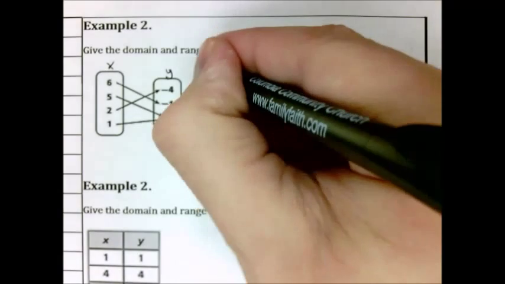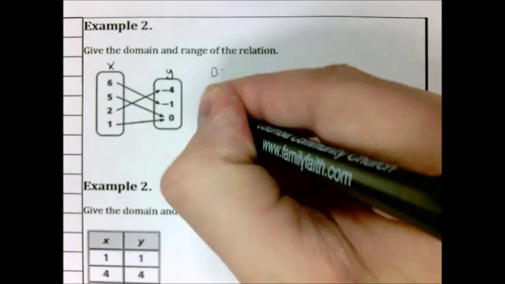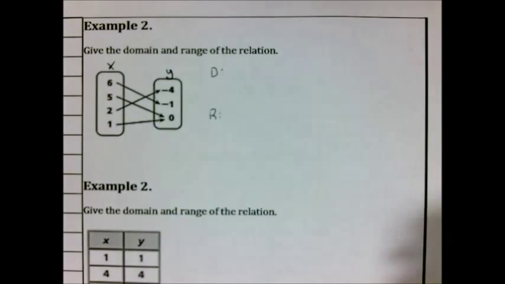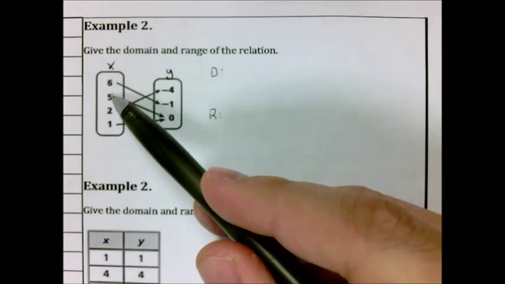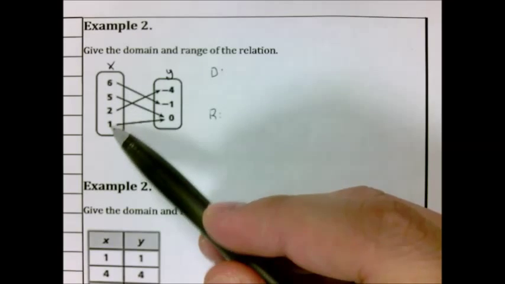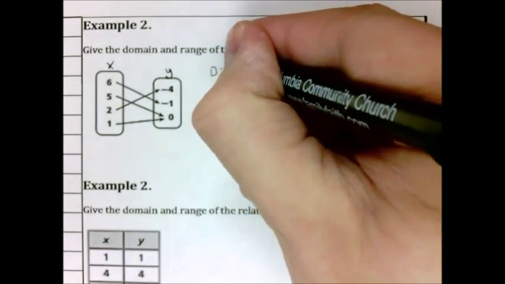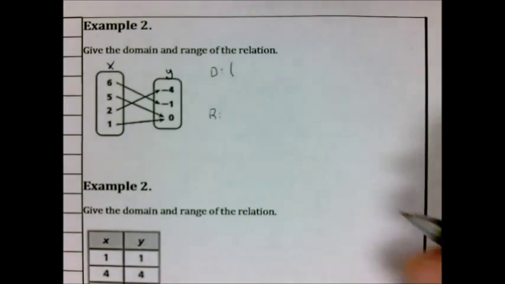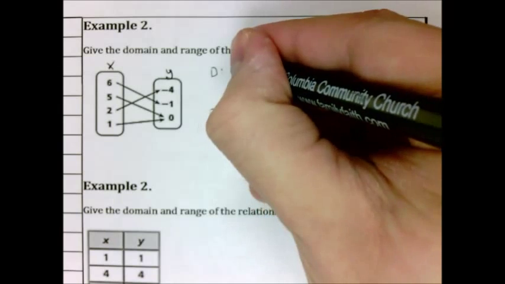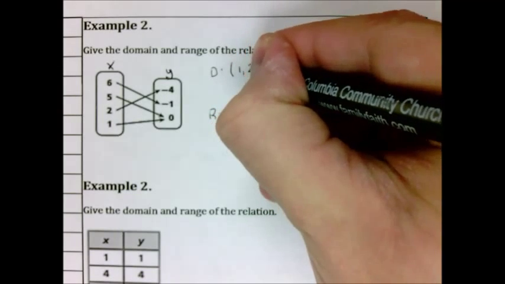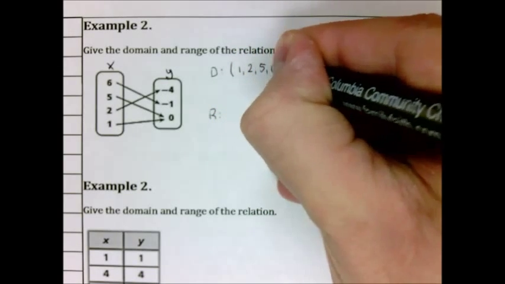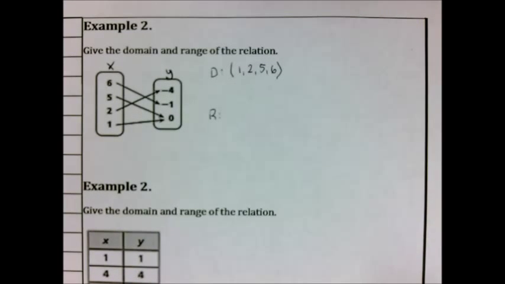Okay, and we're trying to find the domain and the range of values that we could have for each of these. Now domain deals with x's. X could be 6, 5, 2, or 1. Those are the options that we could choose for the value of x. So when we're writing domain, we usually write it from least to greatest. The least number in here would be 1, it could be 2, 5, or 6. Those are our values that we could use for domain.